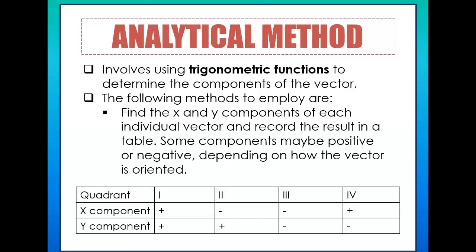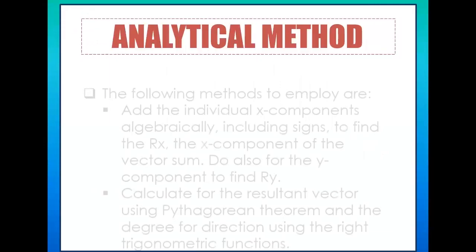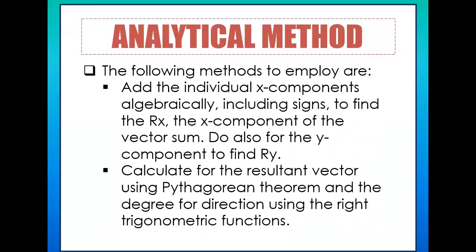So after identifying the components in x and in y, the next step that we have to do is to add them. Add the values for the x components algebraically. You have to be mindful about the signs. Now for the y component, we have to do the same. We have to add them algebraically.